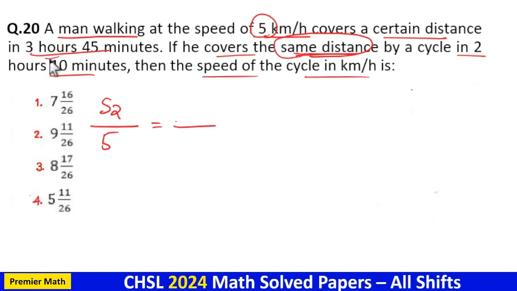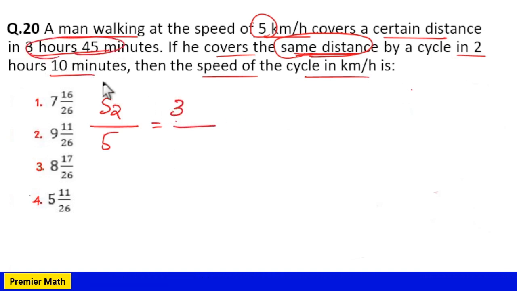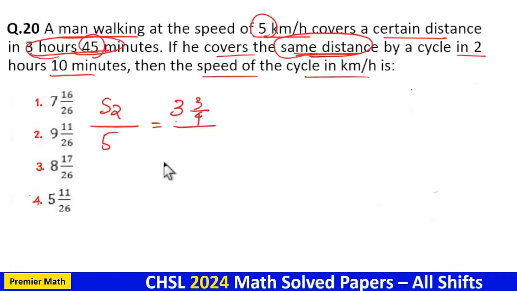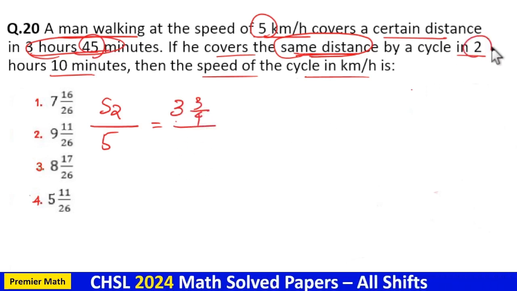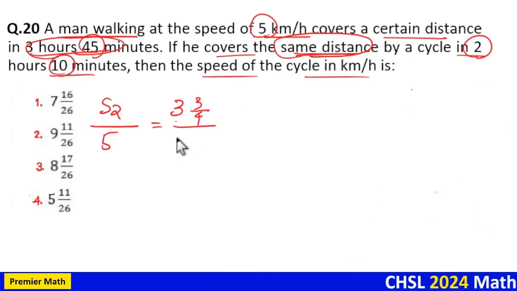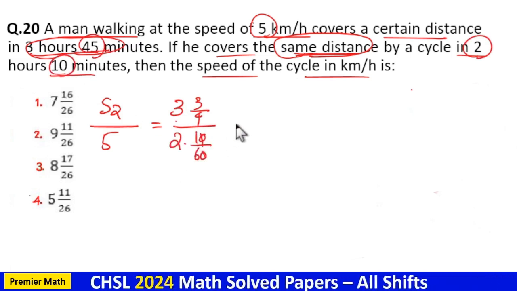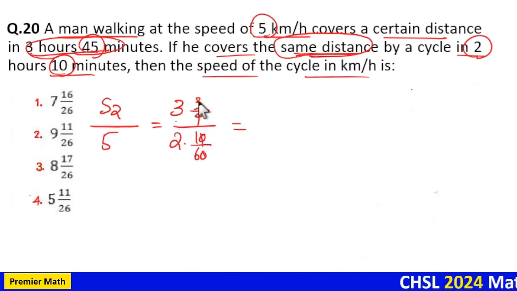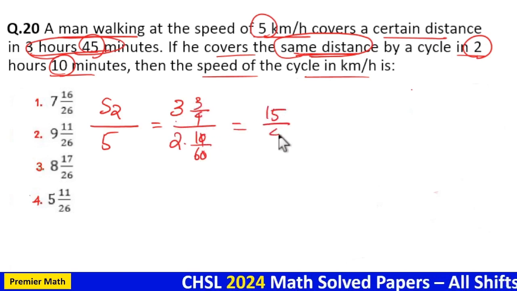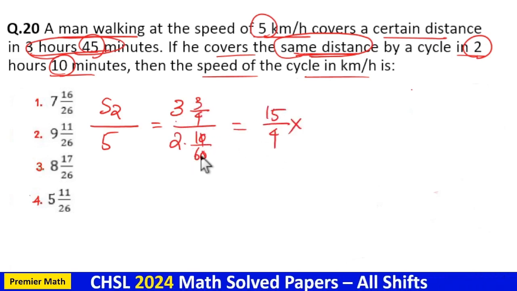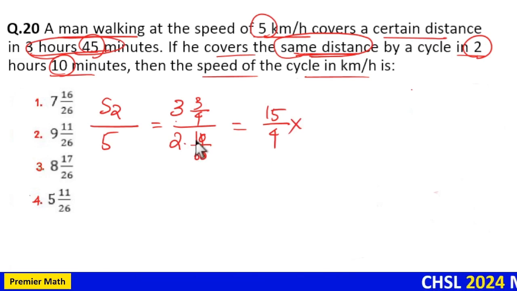Initial time is equal to 3 hours 45 minutes. 3 hours 45 minutes means 3 by 4 hour divided by final time is equal to 2 hours 10 minutes. So 2 hours 10 minutes means 10 by 60, that is 1 by 6 hour. Now this is equal to 3 into 4 12, 12 plus 3 15, 15 by 4. Here this is equal to 2 into 6 12, 12 plus 1 13.